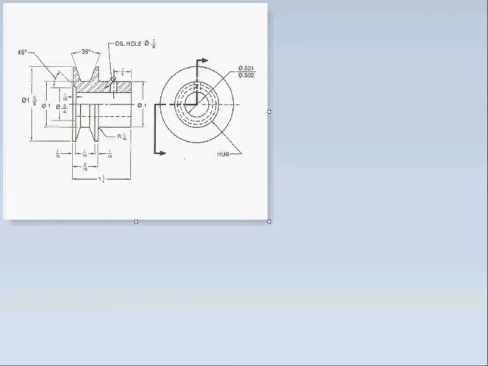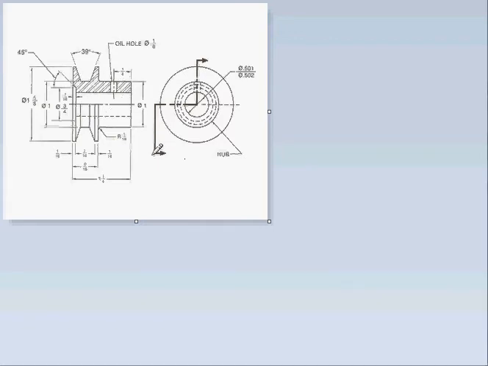The next line types that we're going to talk about are cutting plane lines. We're going to learn about section views further up in your units as we go on through the book, but for line types we cover cutting plane lines. All we need to know is, if you notice here, we actually have a part. It's showing the outside of the object down here, and it's actually showing the inside of the object up here.